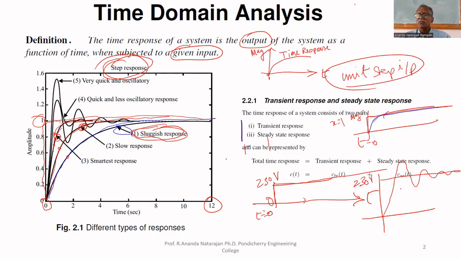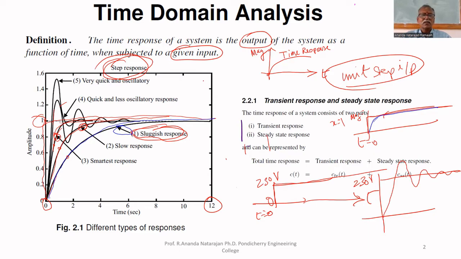So this is the response of that indicating instrument, which oscillates for the given input. This is a quick response. The response is quick, but does it come to the final value quickly? No, it oscillates for some time, then finally it settles. The fourth response is quick and less oscillatory.